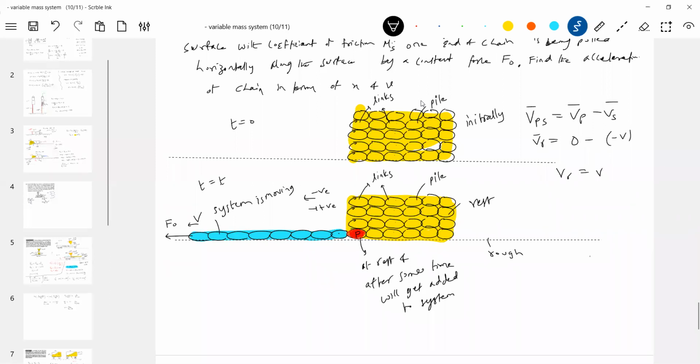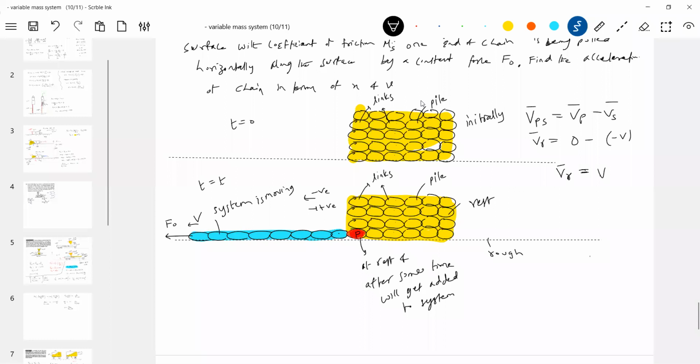VR equal to... what about direction? I got positive, no? Okay, we'll do one thing, we'll put it with sign. I got positive here.